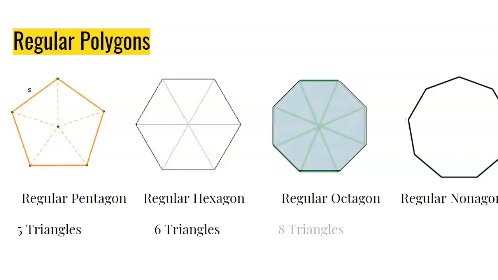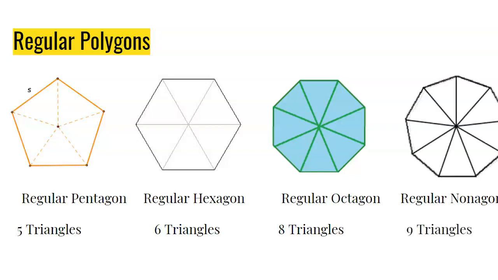The octagon, we can break that into 8 identical triangles. And the nonagon, yep, you guessed it, 9 identical triangles. So if I can break every regular polygon into triangles, how could I use that to find the area of a shape? Let's take a look at a problem.